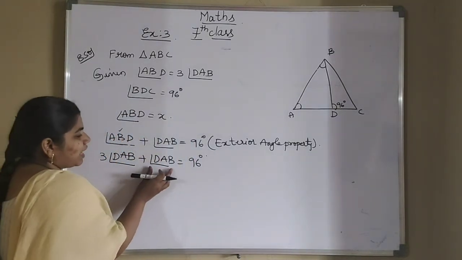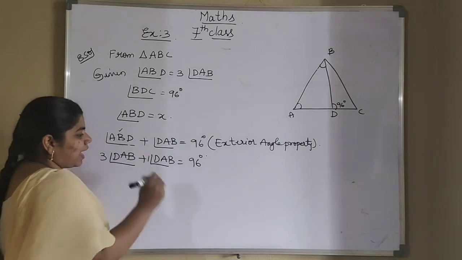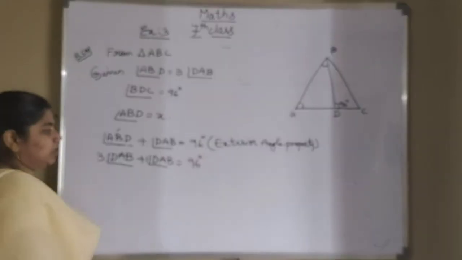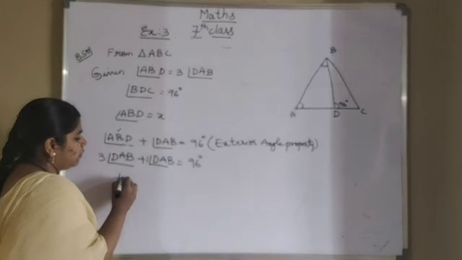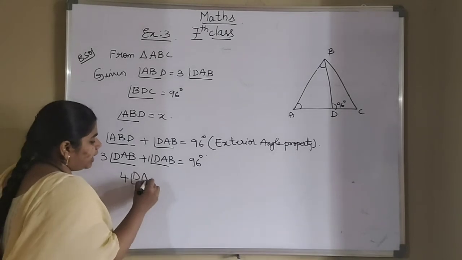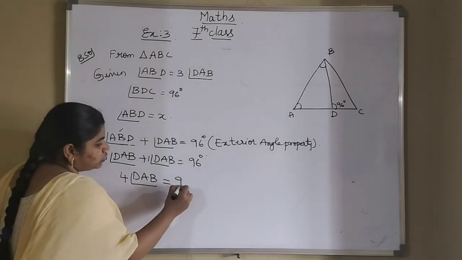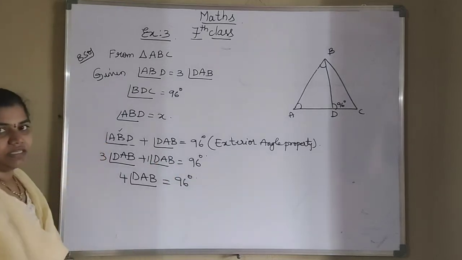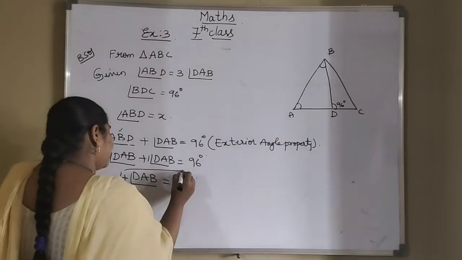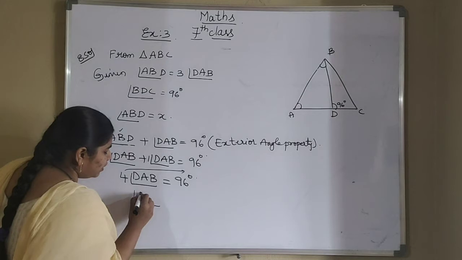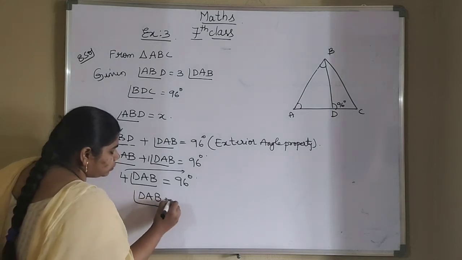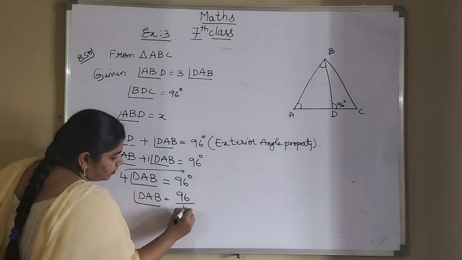Now this angle DAB is nothing but 1 angle DAB. So now 3 plus 1 will be 4 angle DAB is equal to 96 degrees. Now I am sending this 4 to the other side. So angle DAB is equal to 96 by 4.